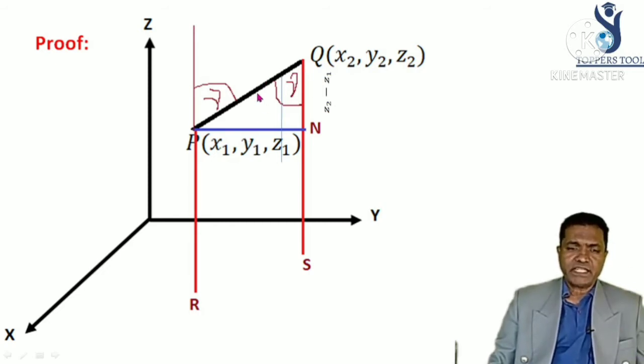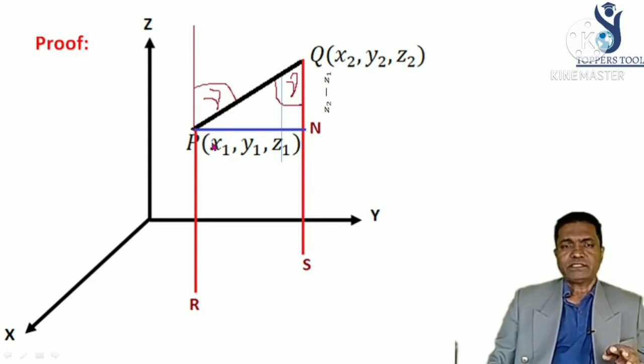Means if I extend this PQ, this angle will be gamma. As I said, if you draw a line parallel to this passing through the origin, it will make the same angle as this. So assume that gamma is the angle between the z axis and PQ. So definitely then this angle will also be gamma.